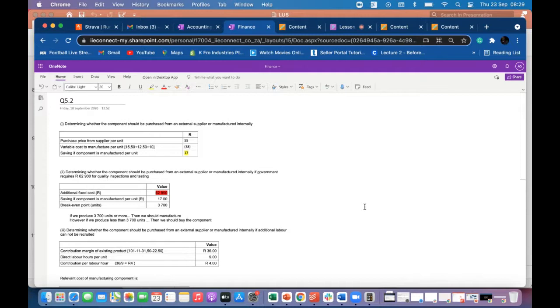Use the given cost criteria only and note any assumptions that should hold. That's the first bit.